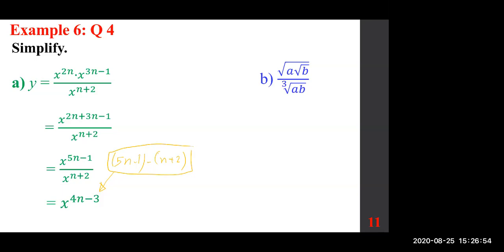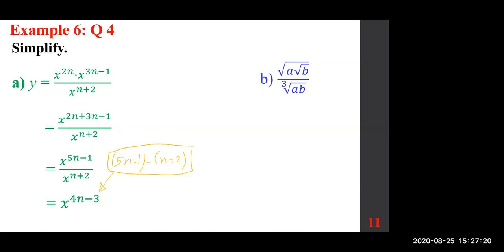I hope it's straightforward, class. Okay, there is really not much to it, very simple. So we are using the exponential rules. First we use the product rule, then we use the quotient rule. Product rule, quotient rule. Okay, class?